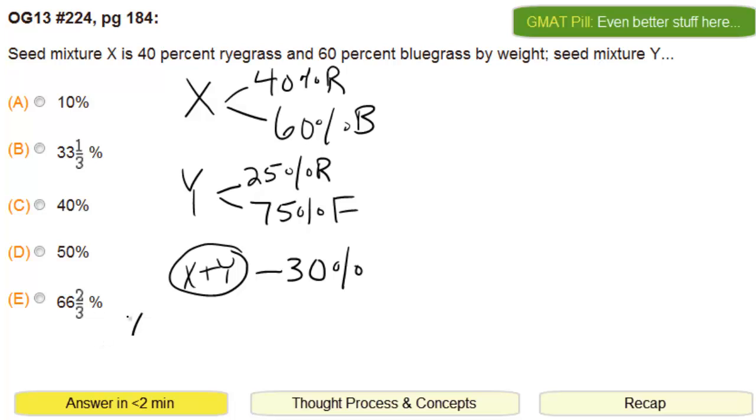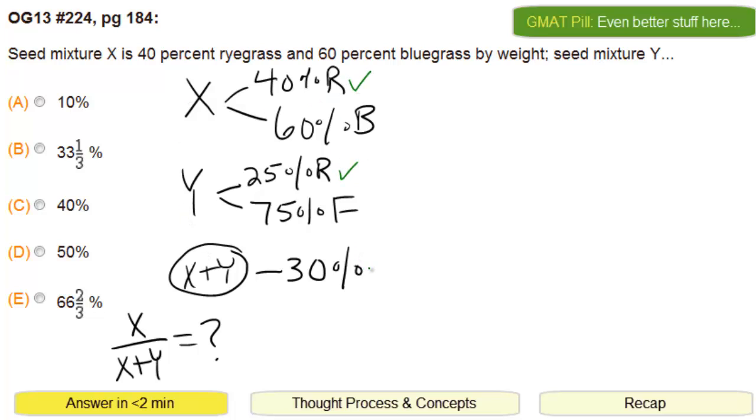Well, that's basically X divided by X plus Y in this mixture. So what information do we have that's actually useful here? How do we know what to do? The common thing in X, Y, and the mixture, these three items, is ryegrass.